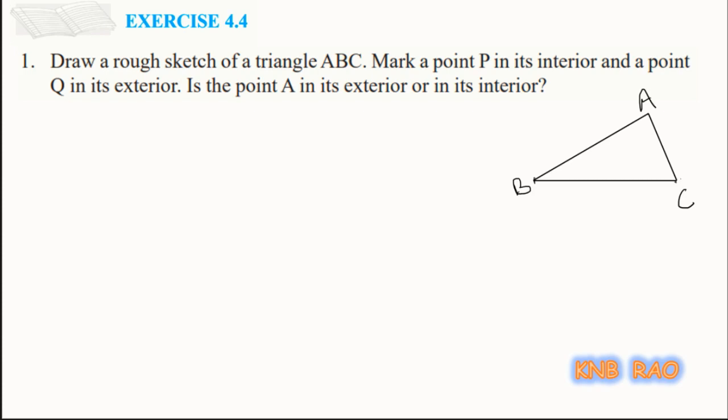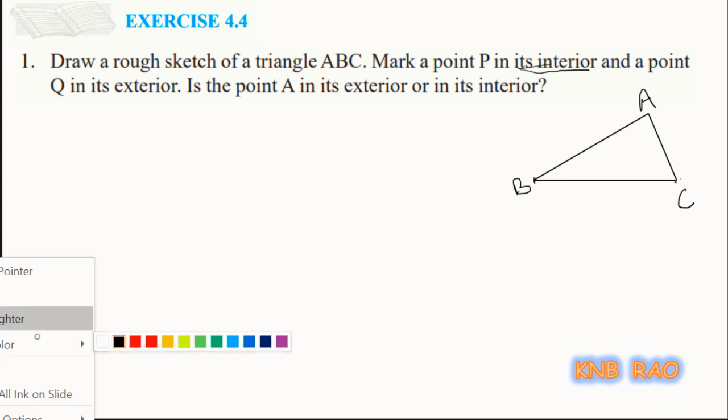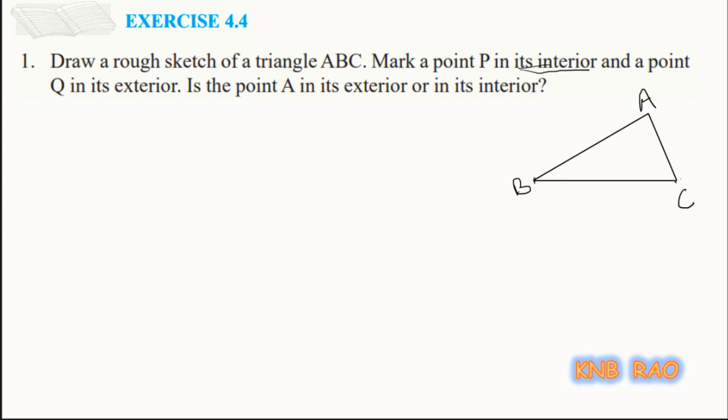Now can we go for marking a point P in its interior? What do you mean by interior of the triangle? The inside portion of a triangle is called interior. If I consider anywhere in the inside of triangle ABC and name it as P, it is an interior point.